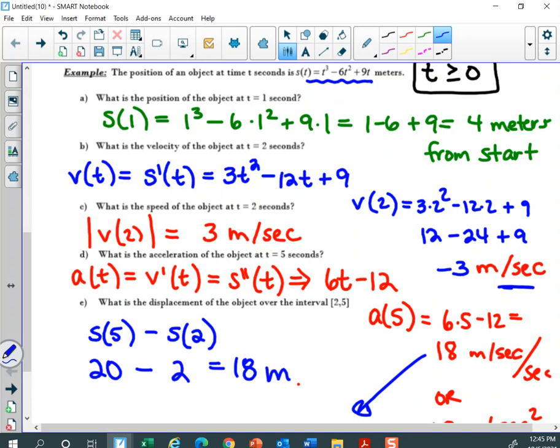Double check that. Displacement is actually something more we'll talk about when we get to the second half of particle motion, which is looking more at displacement versus total distance.